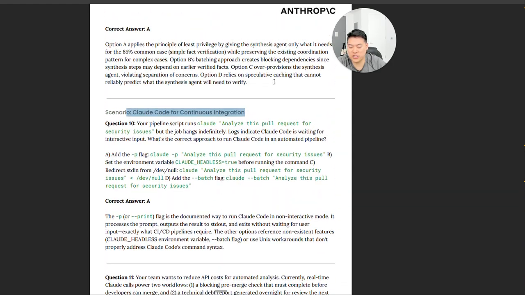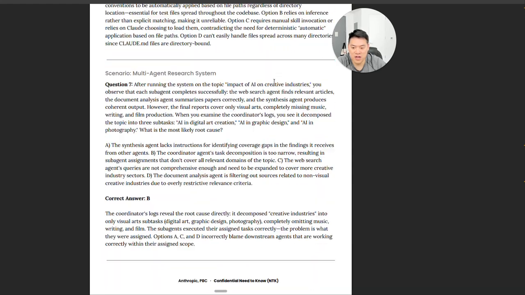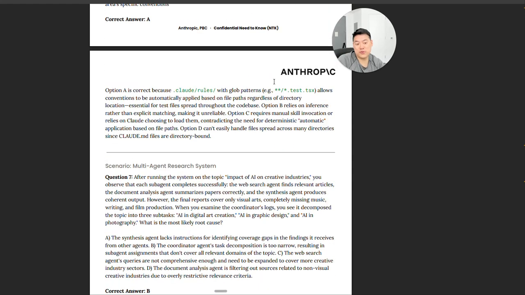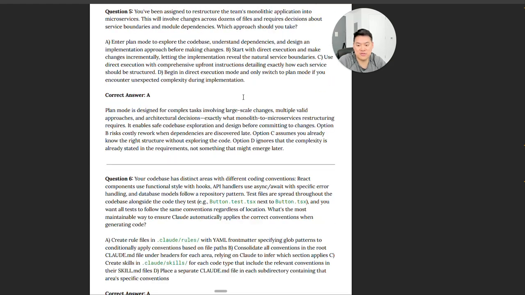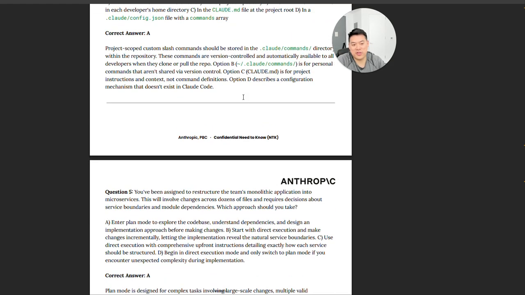And then there's probably scenario 4 that I skipped over. So we don't have 3 questions for those 2 additional scenarios, and we're going to get a random 4 scenarios out of 6 scenarios. Don't think that they're not covering that in the exam. They're absolutely covering that in the exam.